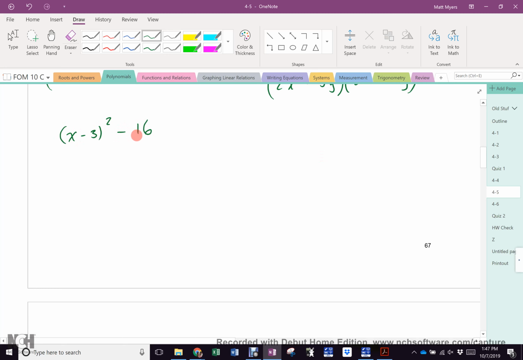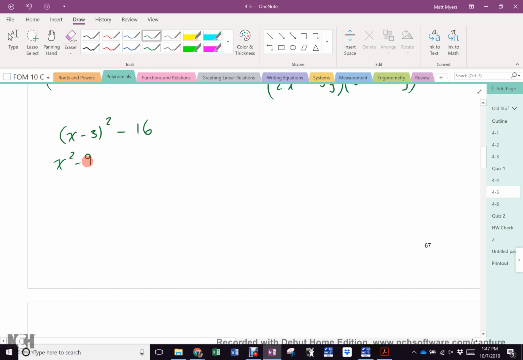Is that a difference of squares? It is. Why? X minus 3 is in brackets, yes? You could expand this, and it would become x squared minus 9, yes?